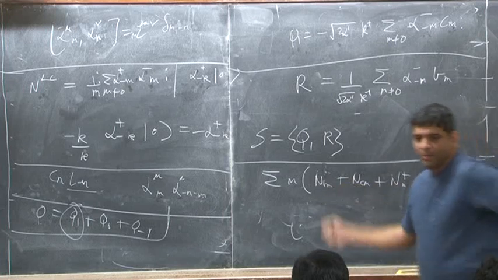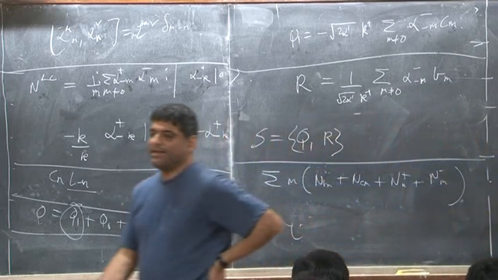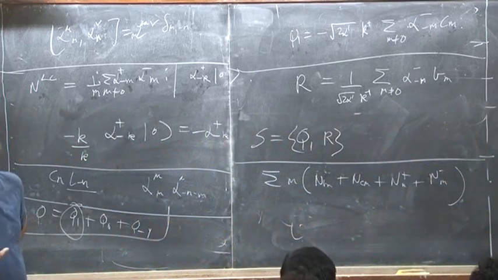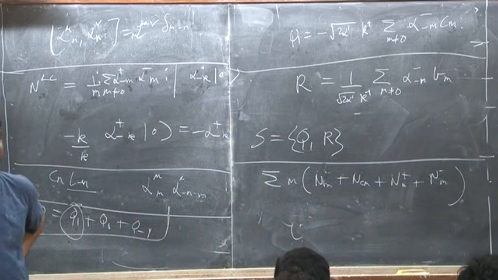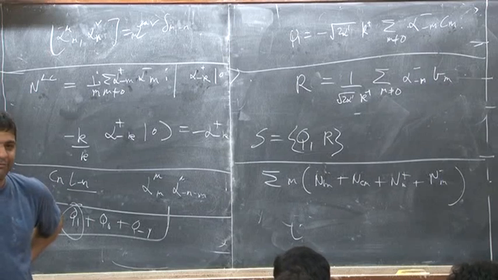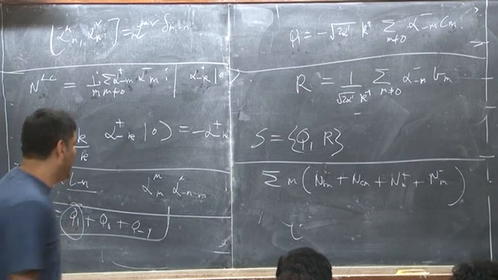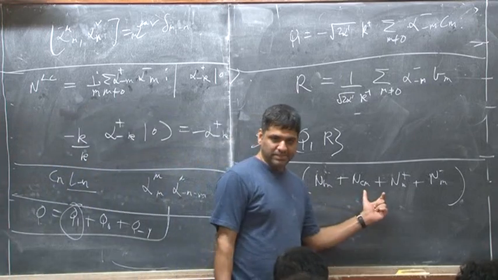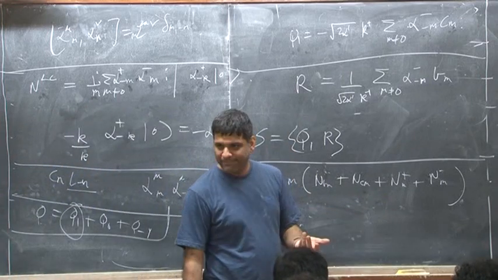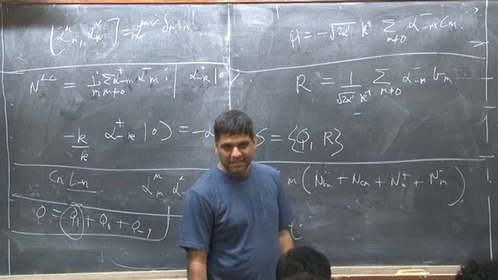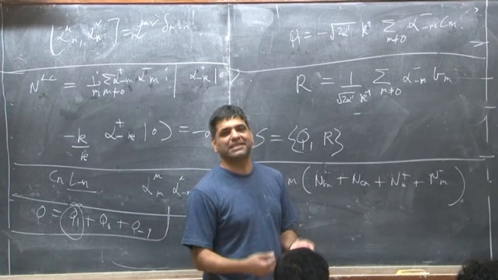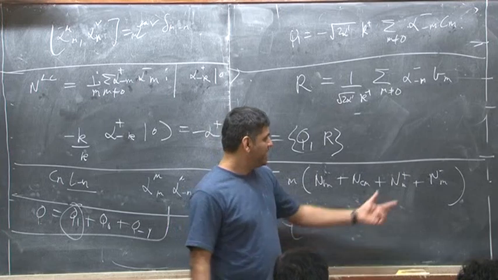NBM is the operator that tells you how many oscillators at level m of the B system are excited. B being fermionic, the answer is either 0 or 1. NCM is the operator that counts how many oscillators of the C system at level m are excited. C being fermionic, the answer is either 0 or 1.